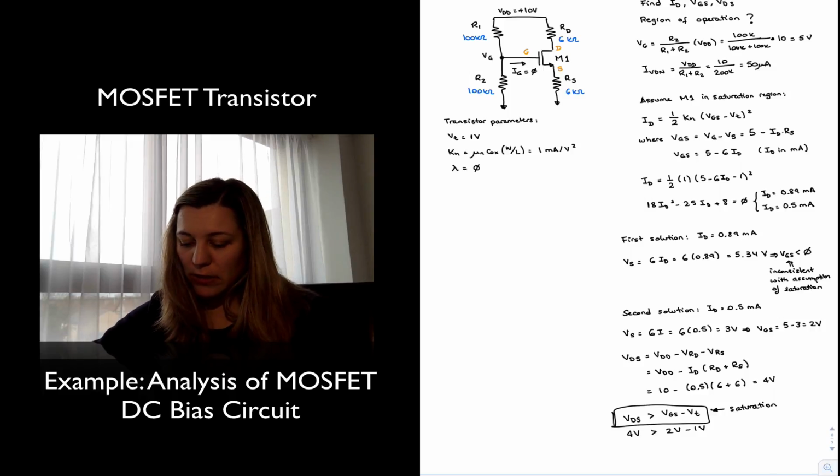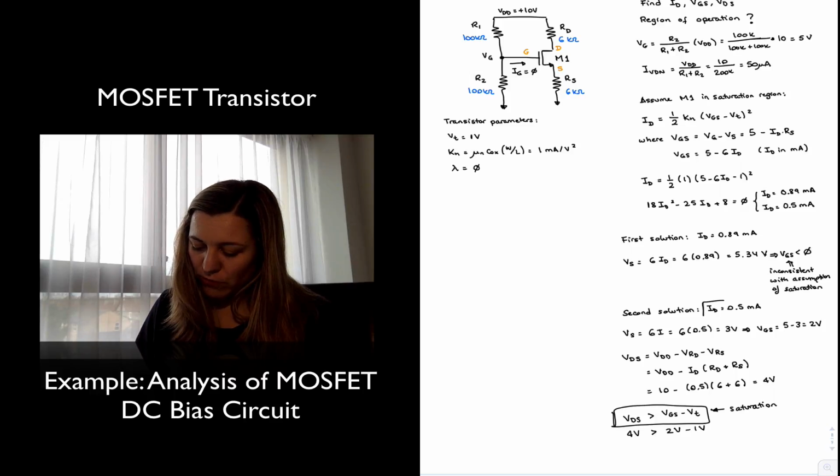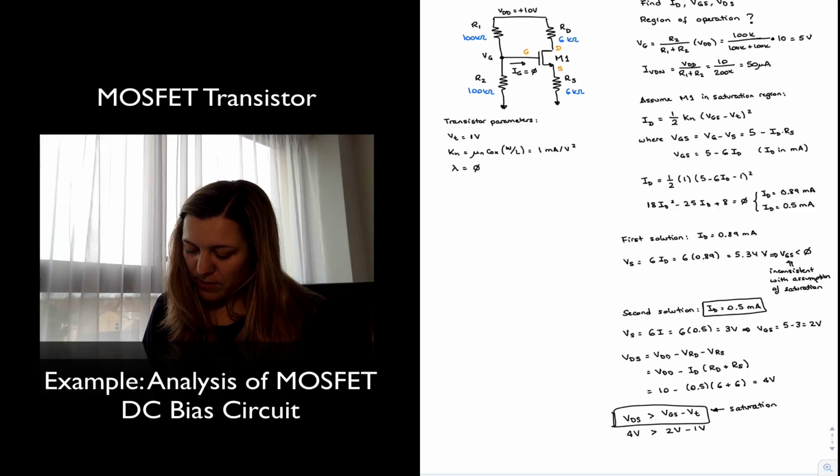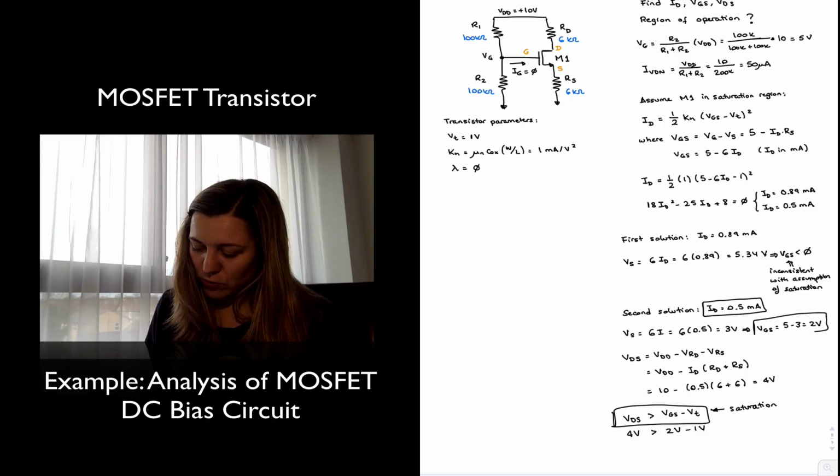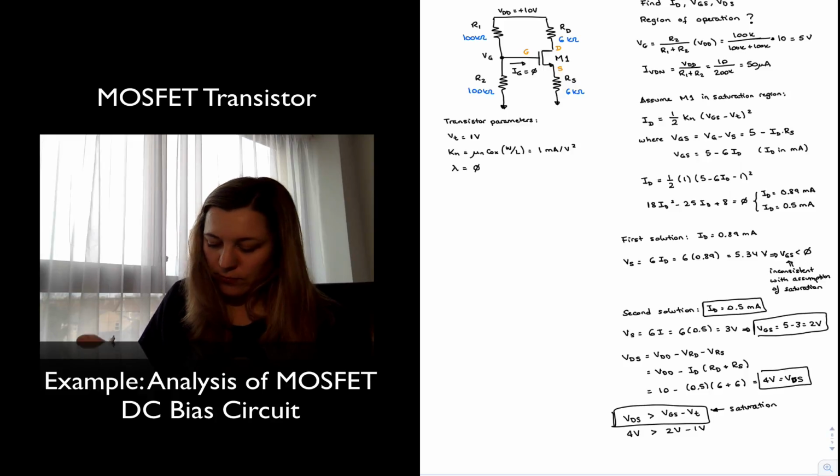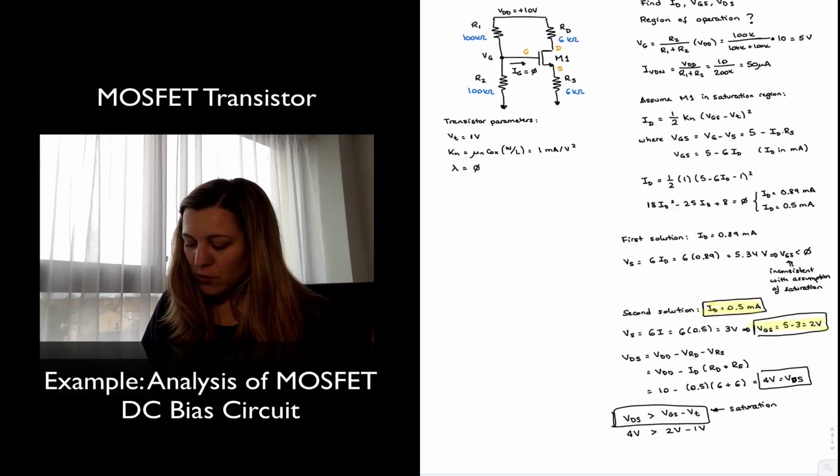And I think I have calculated everything I needed to. So my ID, I have concluded, is equal to 0.5 milliamps. My VDS is equal to 4 volts, and my VGS is equal to 2 volts. And that's the solution for this circuit. Thank you.